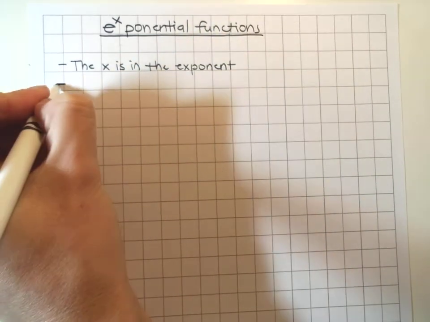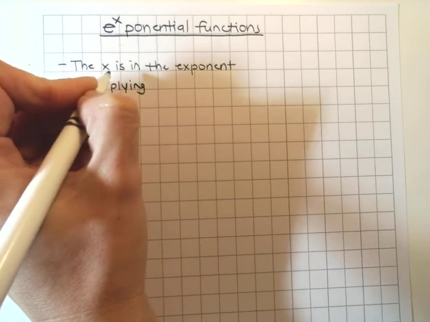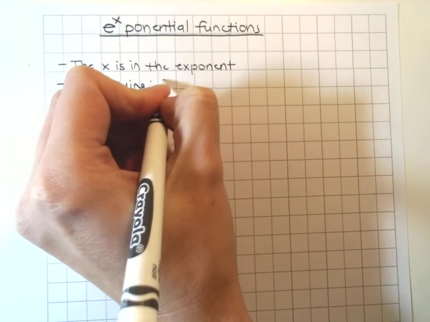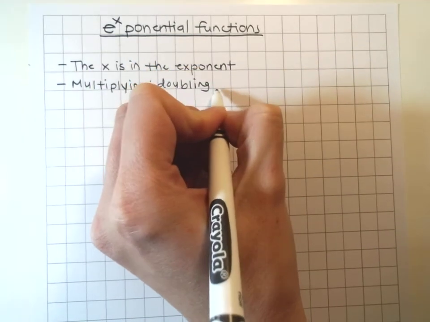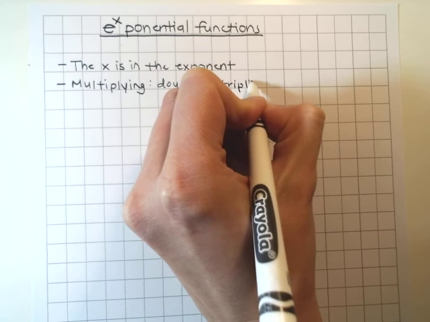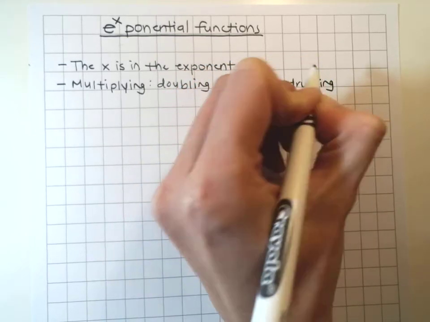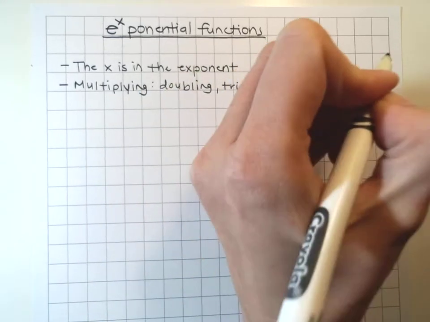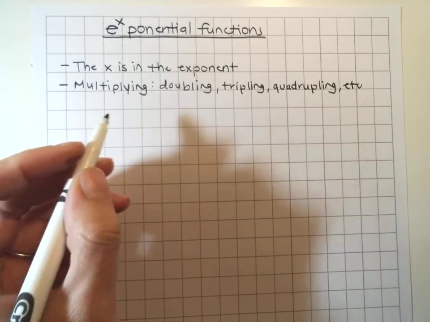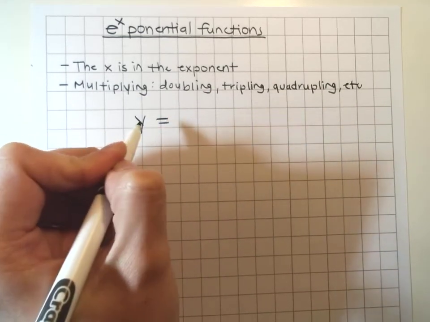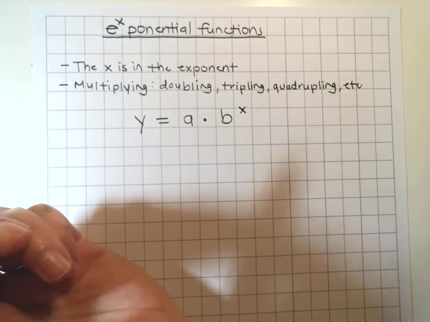And then when we're dealing with exponential functions, we are multiplying. So doubling, tripling, quadrupling, whatever amount we're starting with. And we write exponentials in the form y equals a times b to the x.